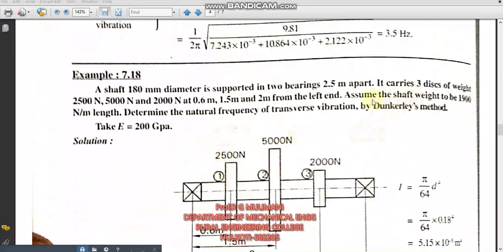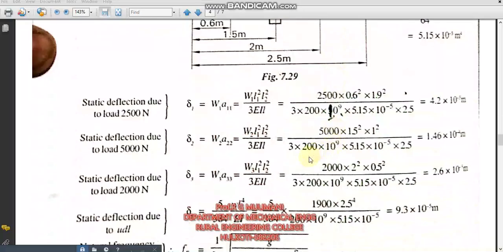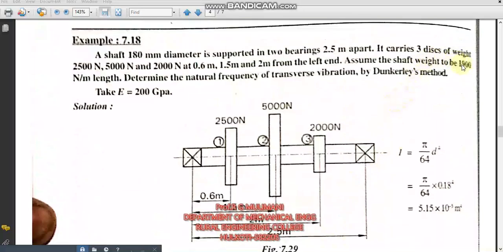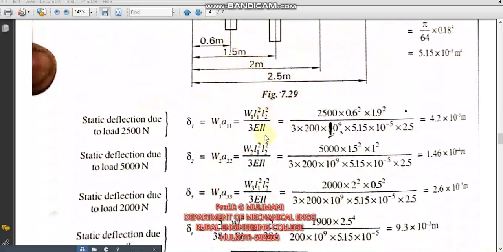In this problem, the shaft weight is also considered. The shaft weight is 1900 Newton per meter length. It is distributed throughout the length of the shaft, so it is assumed as a UDL. What is the intensity? 1900 Newton per meter.